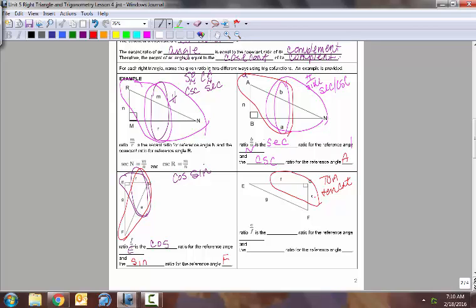So I'll start with E over F, that's opposite over adjacent, for angle E. So this is the tangent ratio for the reference angle E. And then I know the other angle is going to have to be F, and it's going to have to be cotangent, and I'll check it.